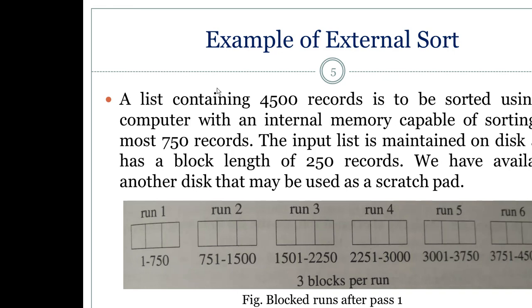Likewise, for these 4500 records, there will be 6 runs. So the output of pass 1 is 6 runs. Run, what do you mean by run? A run is a sorted segment, sorted data, right?